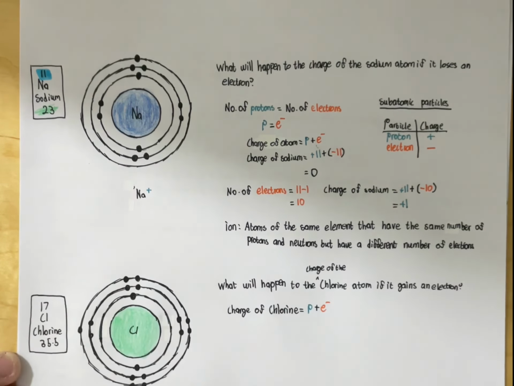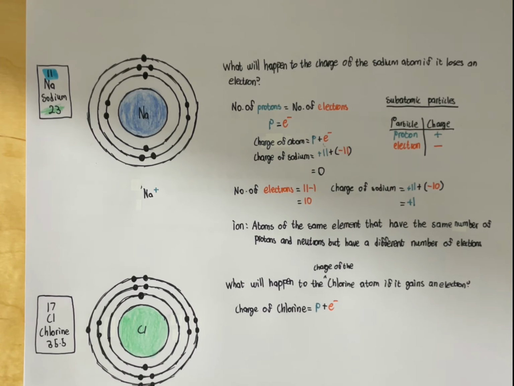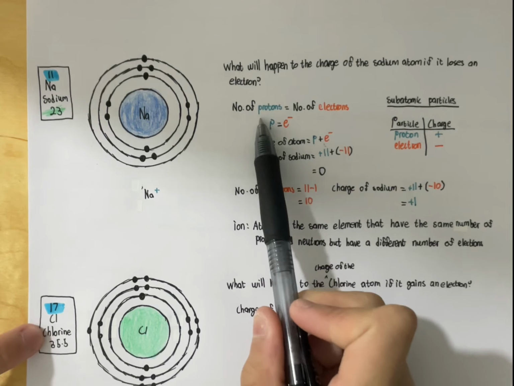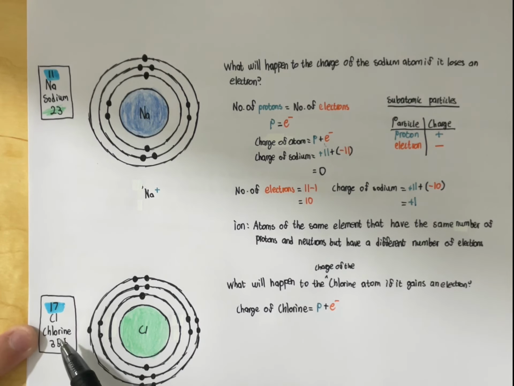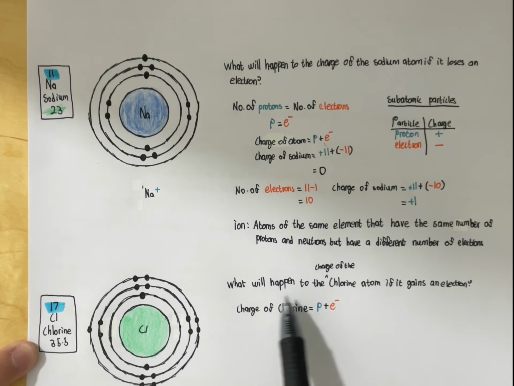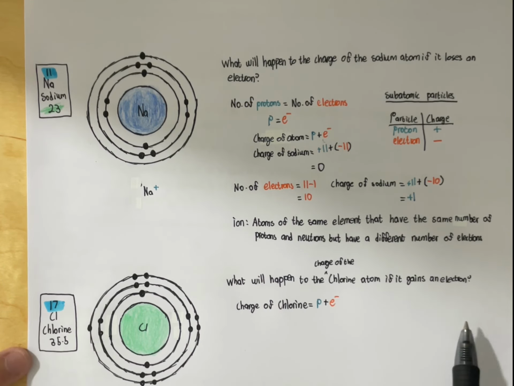Remember, we don't care about the mass number of chlorine, we only care about the number of protons, which is the top number. It's 17 protons. And as we know, the number of protons equals the number of electrons. So it's also going to have 17 electrons if it hasn't gained an electron.